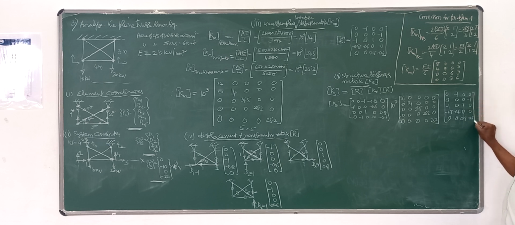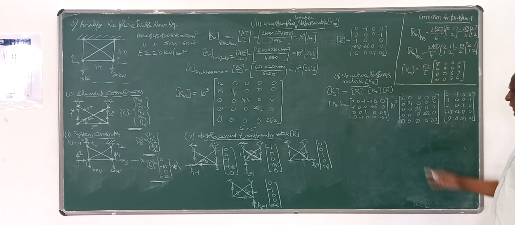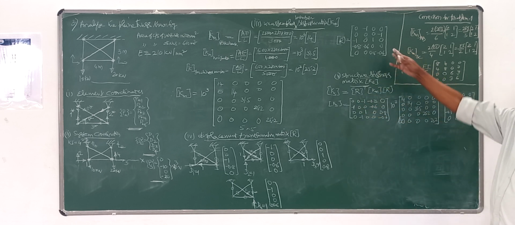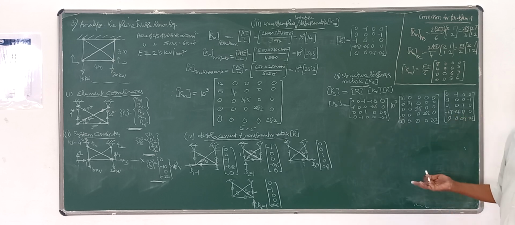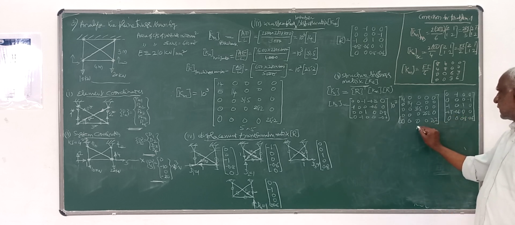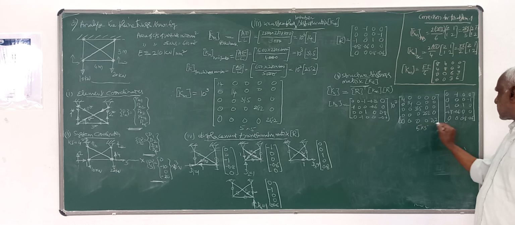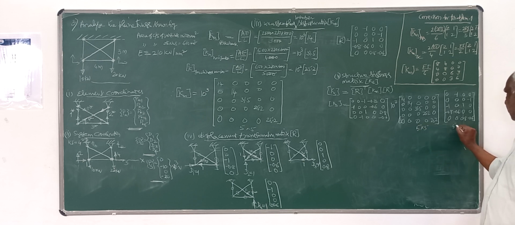Now, what are the matrices which you have generated? I have taken the KM matrix and the R matrix. Now I have to do matrix multiplication. KM is a 5 by 5 matrix and R is a 5 by 4 matrix. If you multiply, the column of the first and row of the second are equal.